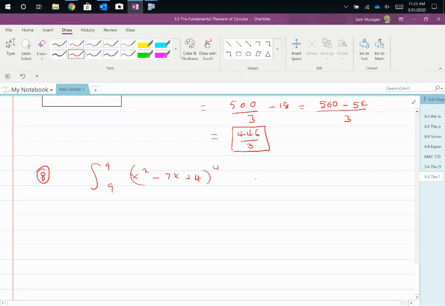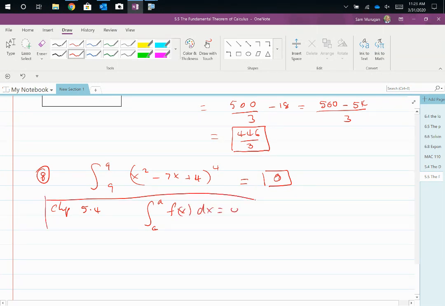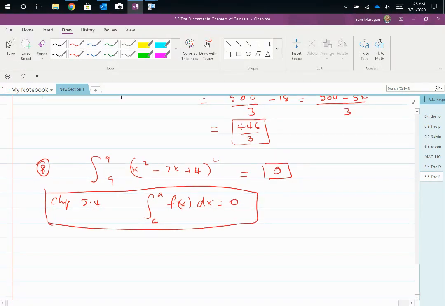So as you can imagine, if we took the integral here, both a and b are the same. So this is from chapter 5.4. It says that the integral between a and a of f of x dx is equal to 0. Okay, we don't need to do a calculation here.